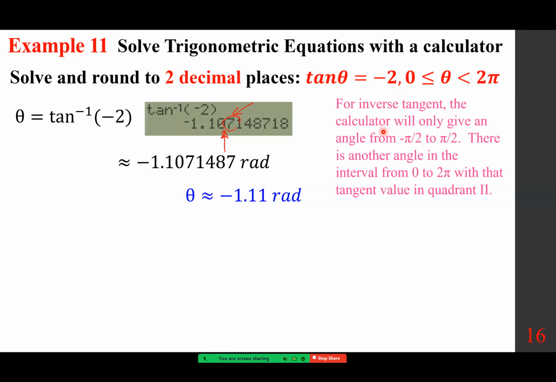For inverse tangent, the calculator will only give you an angle between negative pi over 2 and pi over 2. There is another angle in the interval from 0 to 2 pi with that tangent value in quadrant 2. Remember, tangent is positive in the first and third quadrant, and it's negative in the second and fourth quadrant. What do we do?